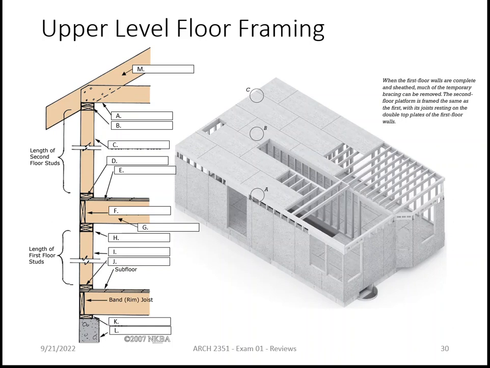Which means it's two pieces of dimensional lumber. That's what that X means. It signifies that it's a dimensional piece of lumber, either a 2x4, 2x6, 2x8, 2x12, but it's a conventional dimensional lumber. What's C pointing to?